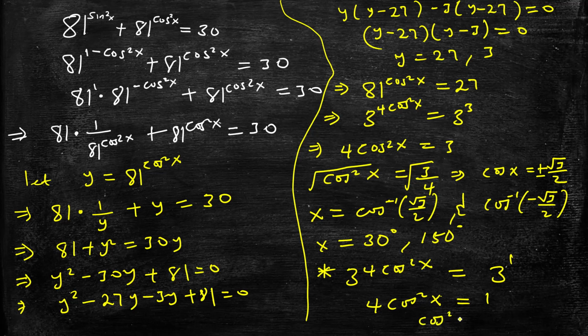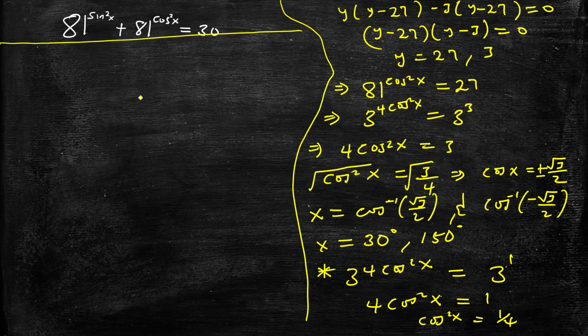Cos squared x equals 1 on 4. By taking square root on both sides, cos x will be plus or minus half.